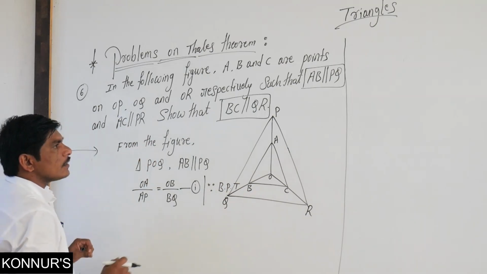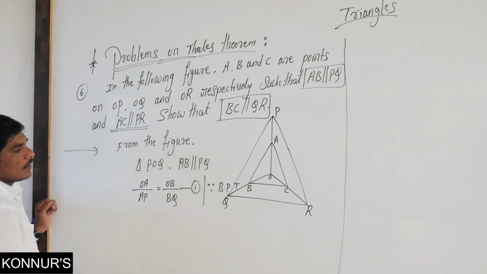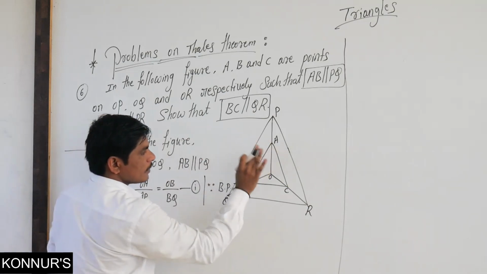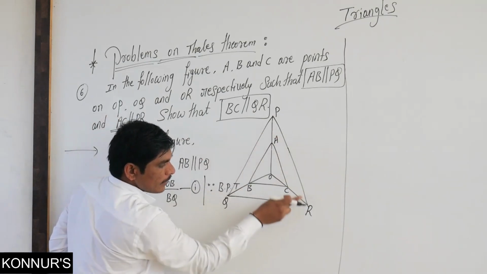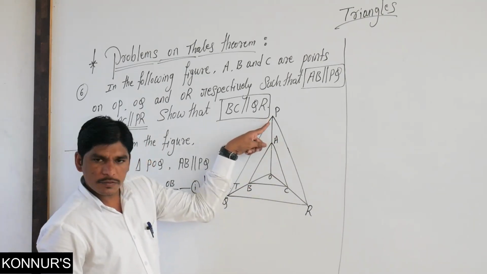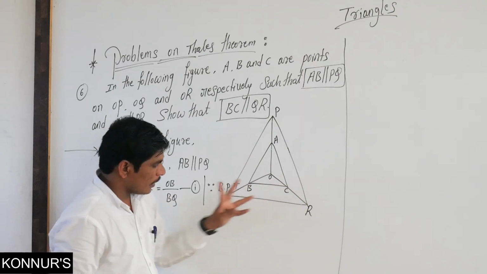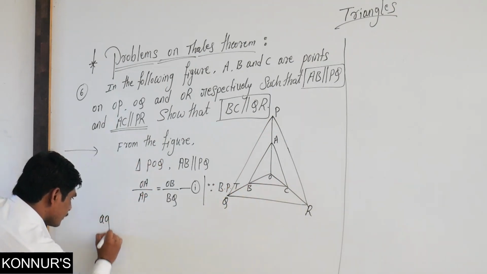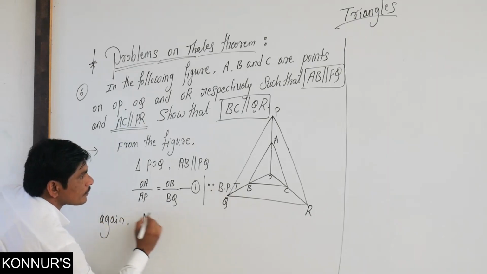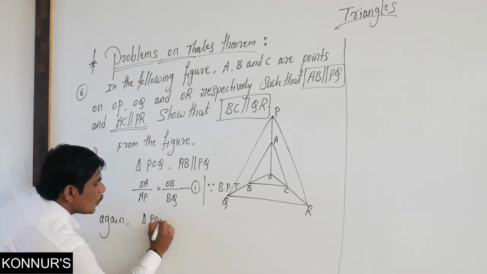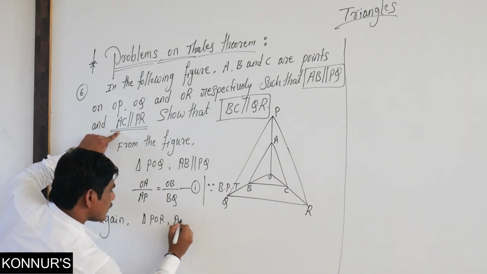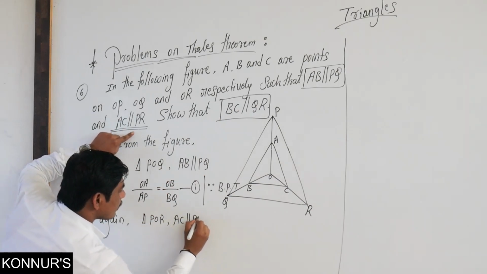Next, the one more given: AC is parallel to PR. Here we observe this figure, AC is parallel to PR. Again, this is related to the triangle POR. In triangle POR, according to the result given, AC is parallel to PR.